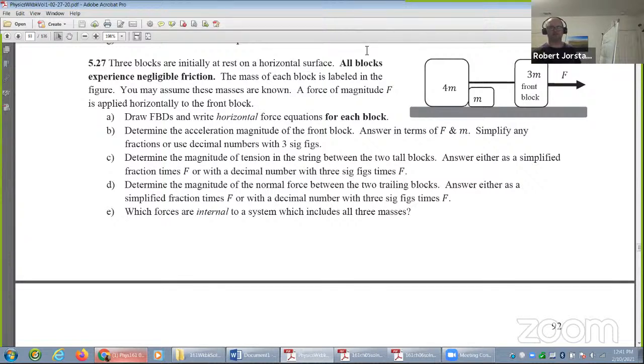Force with magnitude F is applied to the front block. Okay, got it.